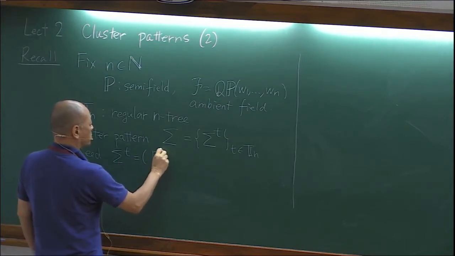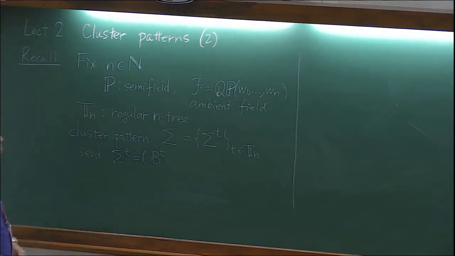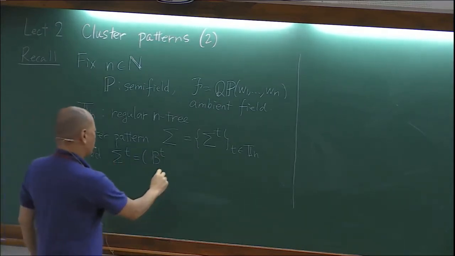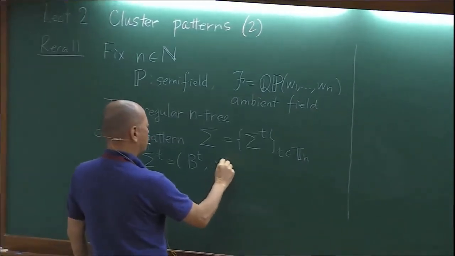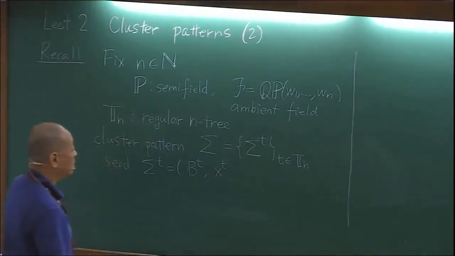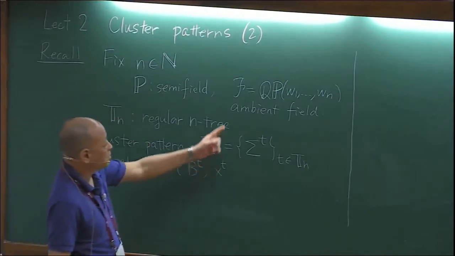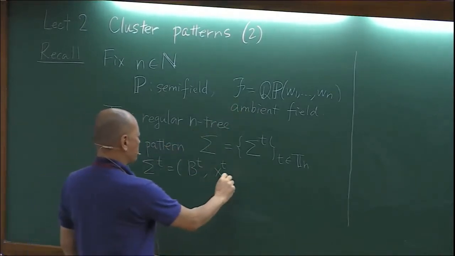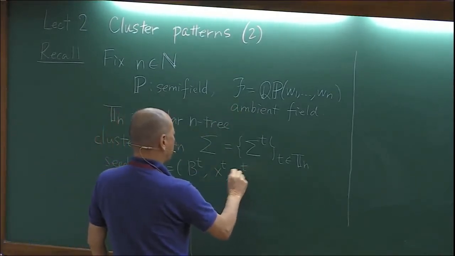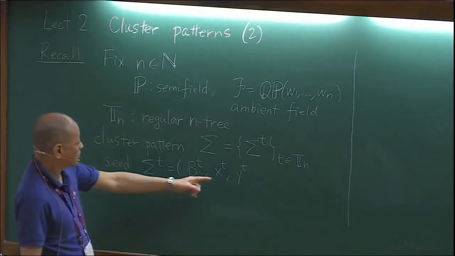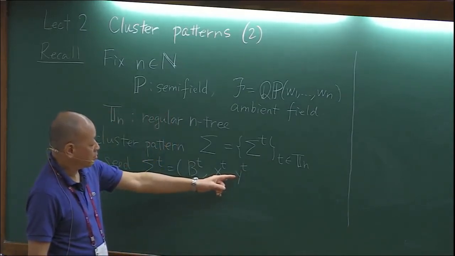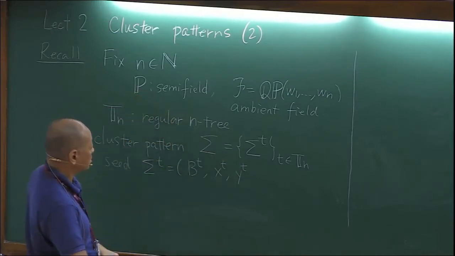First one is a skew-symmetrizable matrix of size n, and then also a tuple of x variables which sit in this ambient field, and also a tuple of y variables which sit in this semi-field.